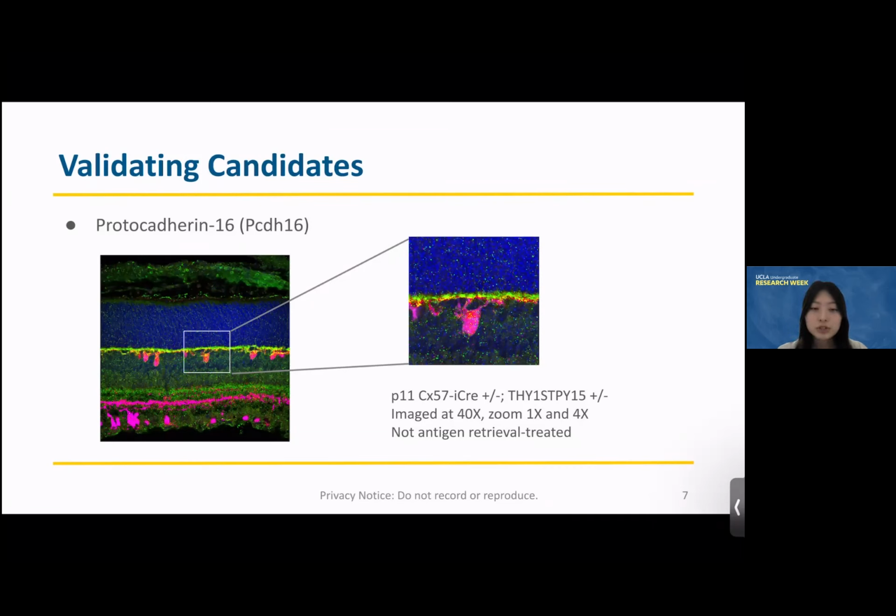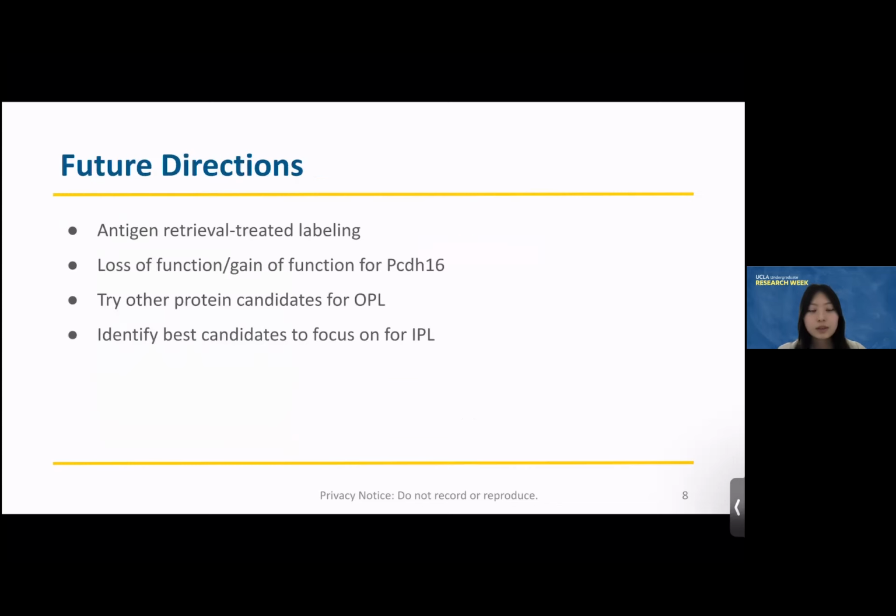However, one limitation is the fact that there is nonspecific green fluorescent protein labeling, and therefore our experiment could perhaps benefit from labeling a second time on a different set of tissues from the same line in order to improve labeling results. In terms of future directions, we will continue validation experiments for PCDH16, perhaps incorporating other techniques that may allow for better labeling of proteins, such as treating the tissues with antigen retrieval prior to staining.